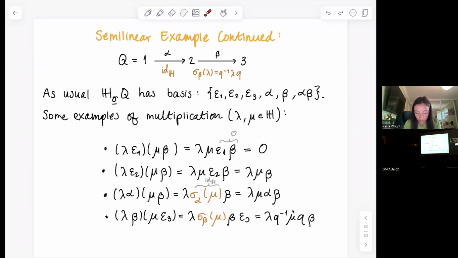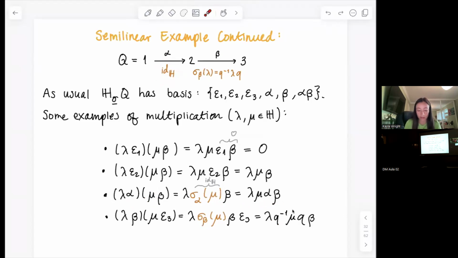If we wanted to multiply something like scalar times alpha by scalar times beta, we have to make sure that we're looking at what the automorphisms are. So in this particular example, if we wanted to pass this scalar mu through alpha, we have to make sure we're twisting by the appropriate automorphism. Since we're passing through alpha, which is just the identity, this multiplication will be lambda mu alpha beta.